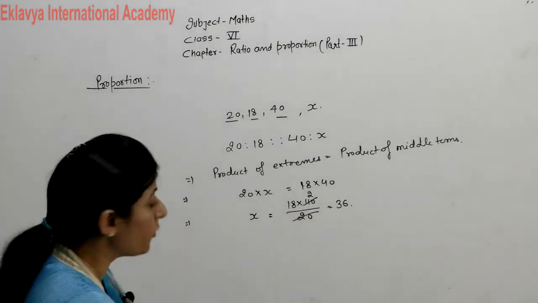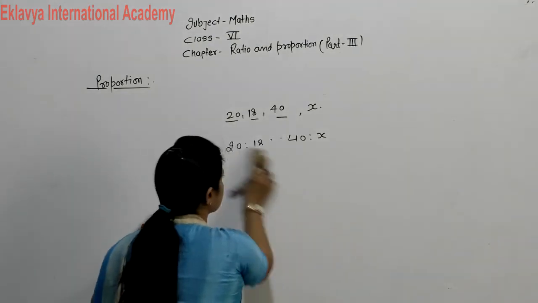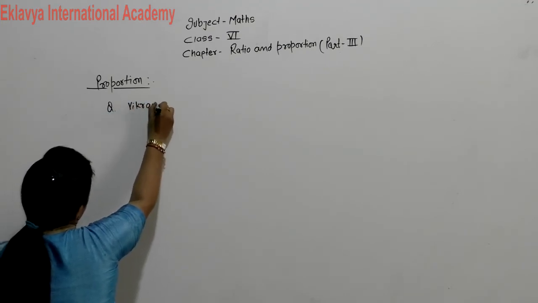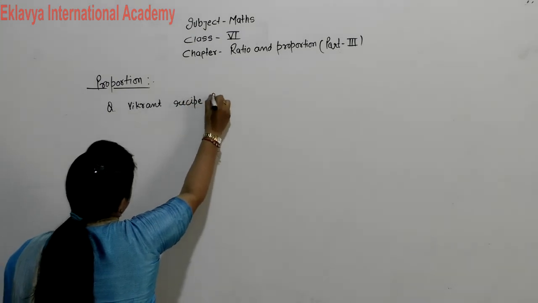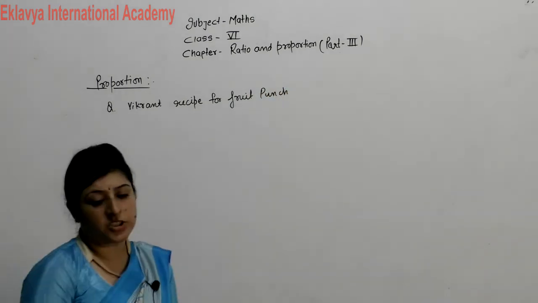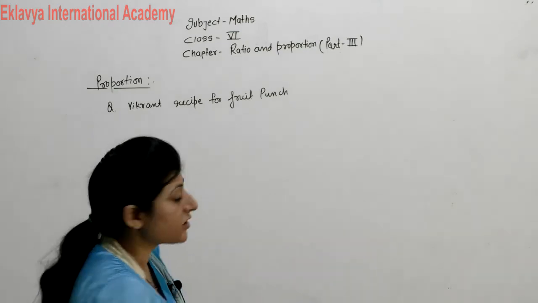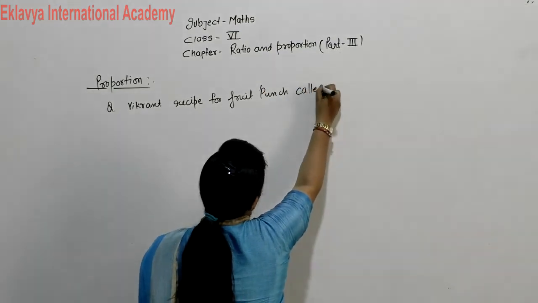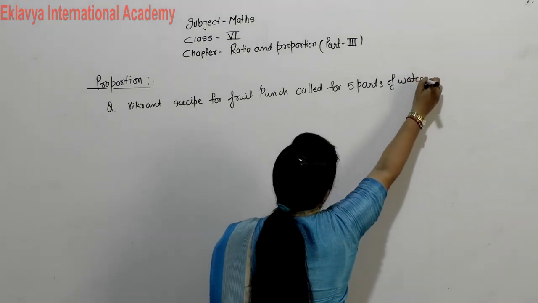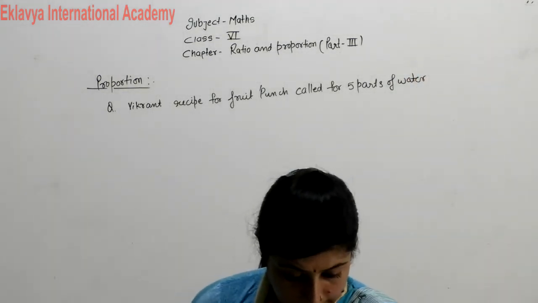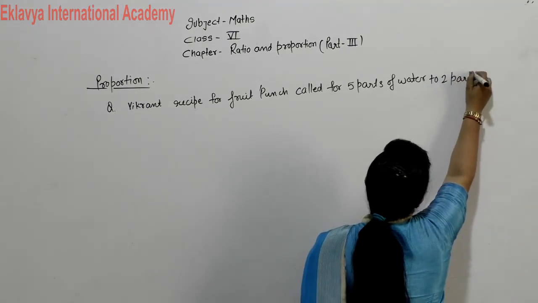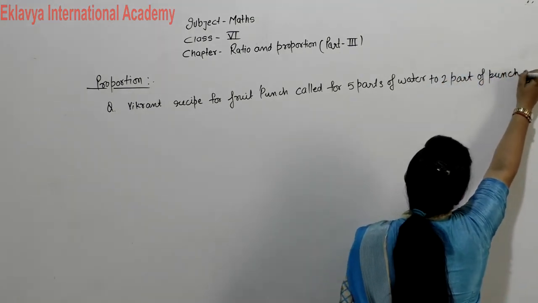Vikrant's recipe for fruit punch calls for 5 parts of water to 2 parts of punch mix.